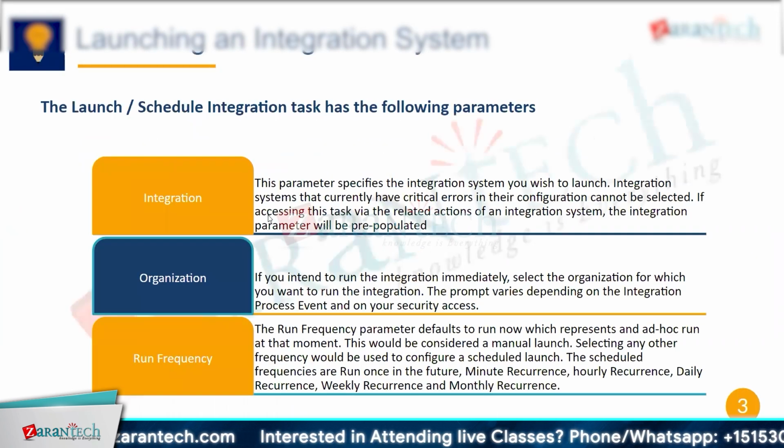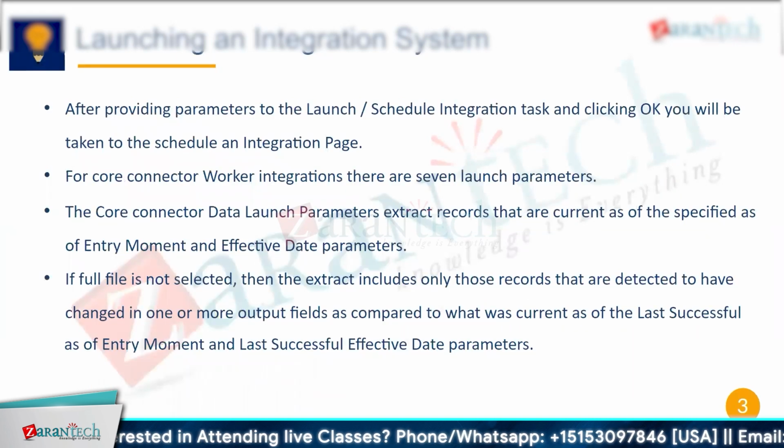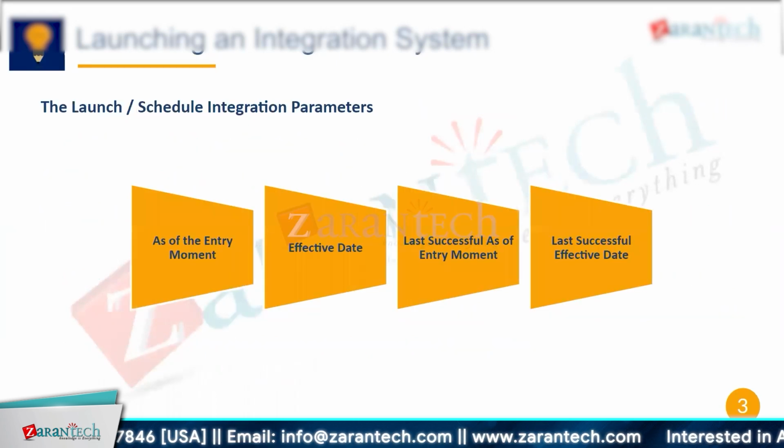So integration, organizations, run frequency. We've provided the parameters: as of entry moment, effective date, last successful as of entry moment, and last successful effective date. The combination of these four values will give you the change file.